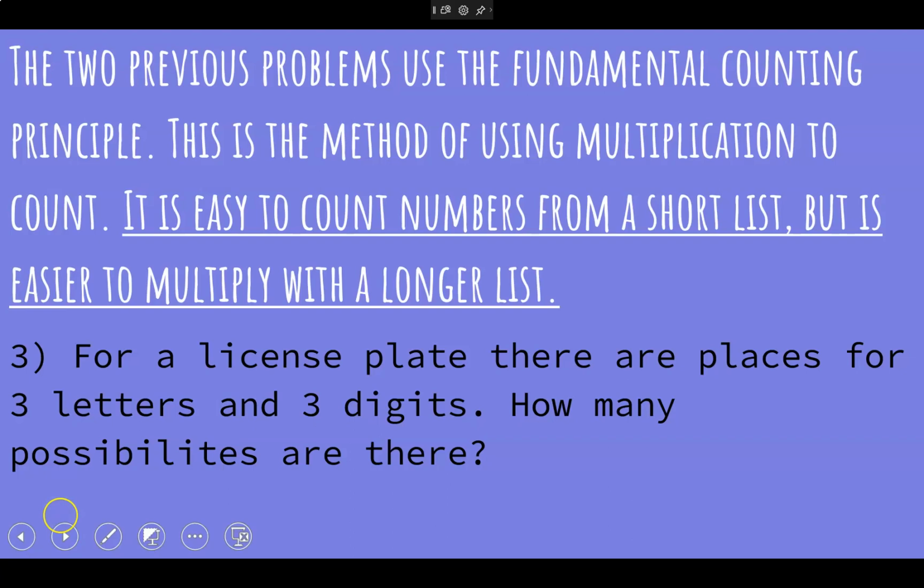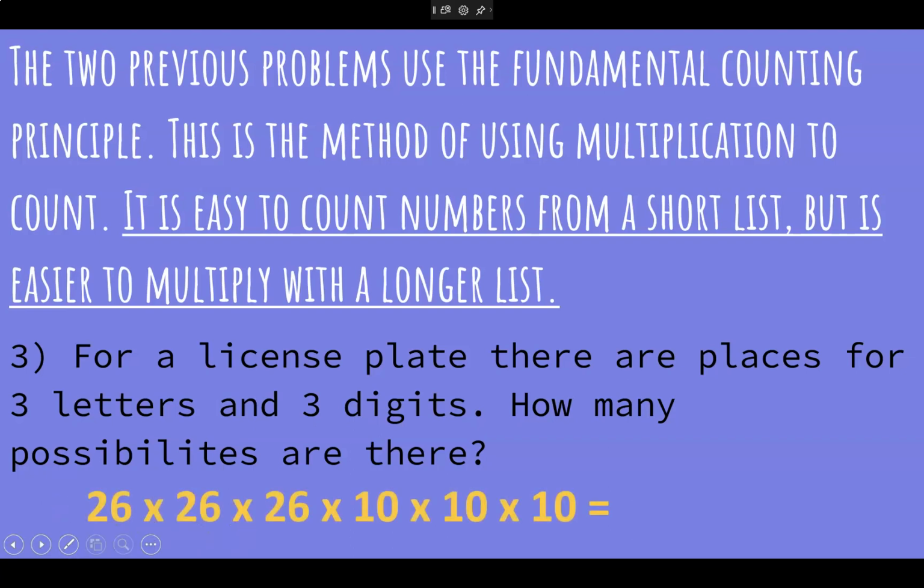So to figure this out, we're going to do 26 times 26 times 26, the 3 possible letters, and then 10 times 10 times 10, the 3 possible numbers. For the first 2 examples, technically you could write out the different combinations of the meals or the outfits.